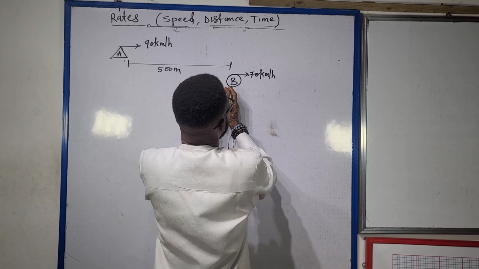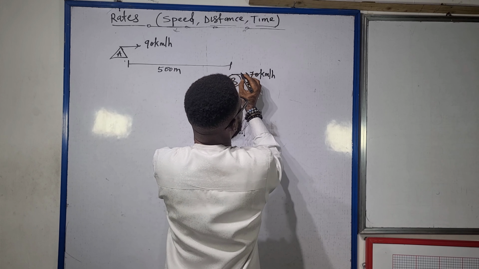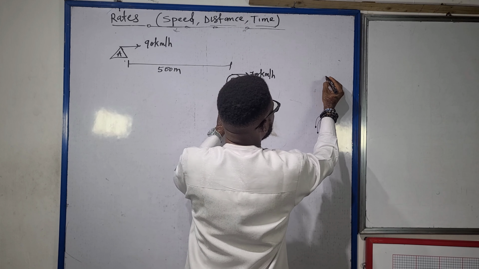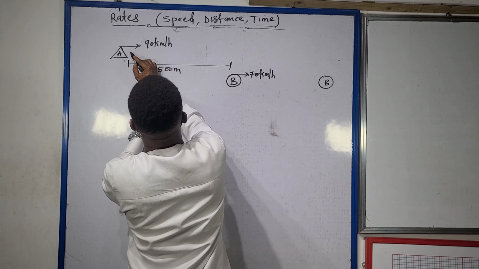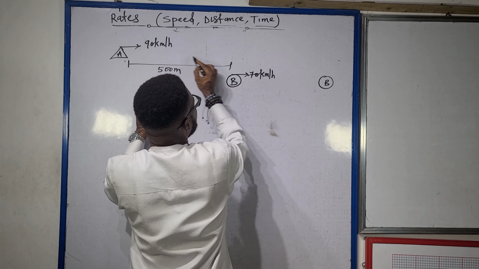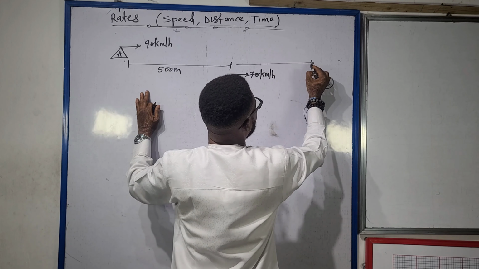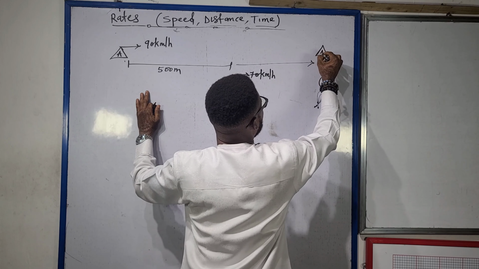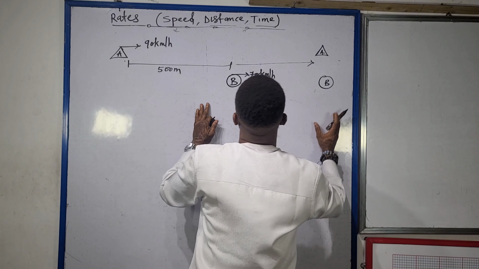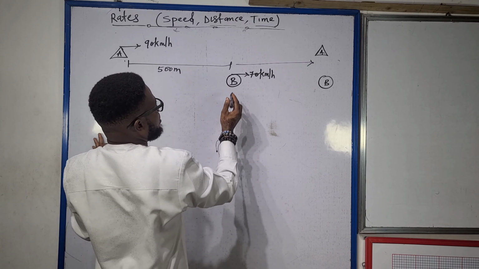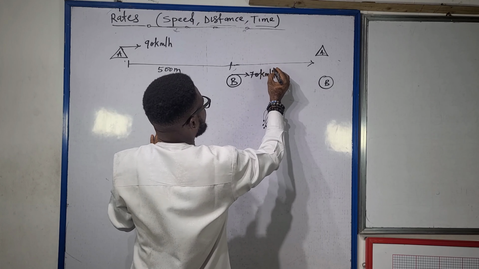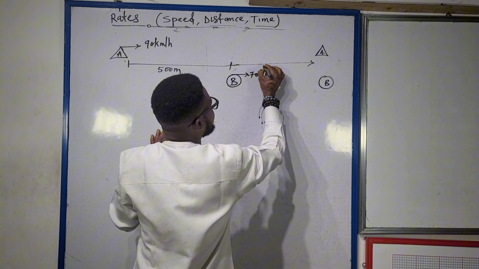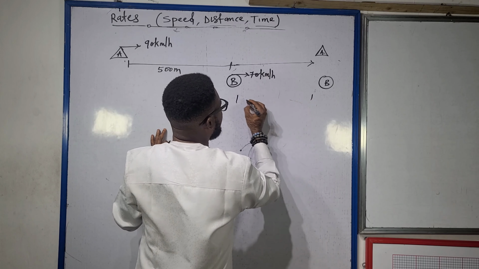Okay, after some time, definitely B would have moved this way. This will be B. But at the same time, A is moving, and it gets to a point where A just catches up with B. So invariably, B would have moved an additional X from here to here.